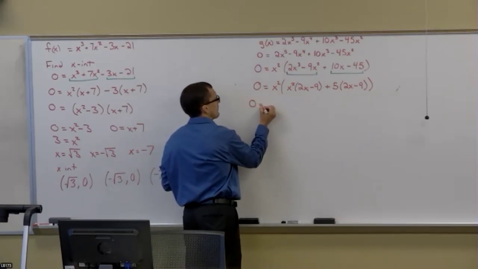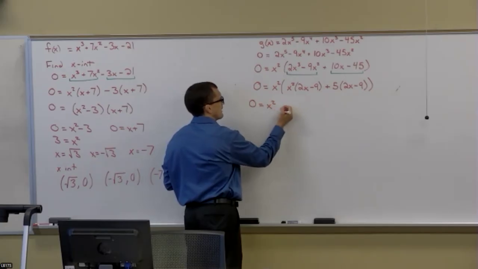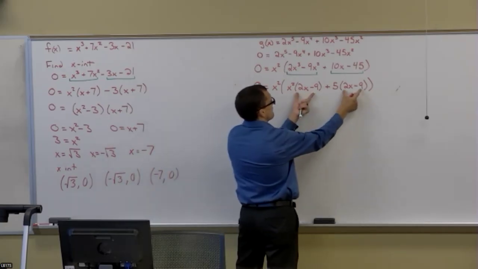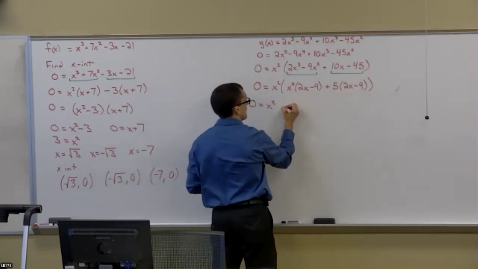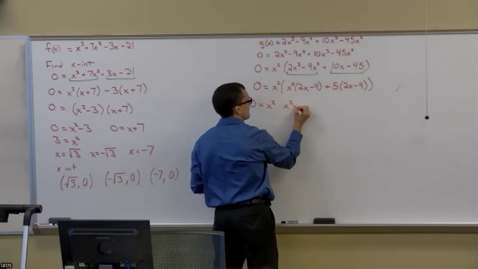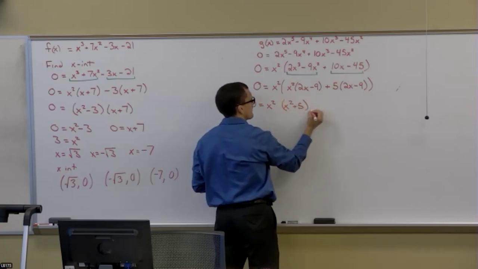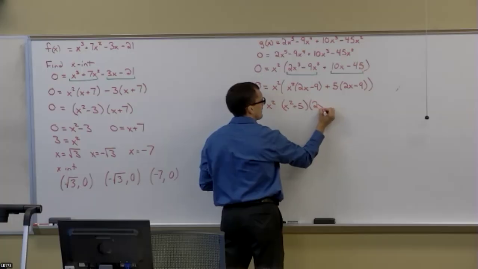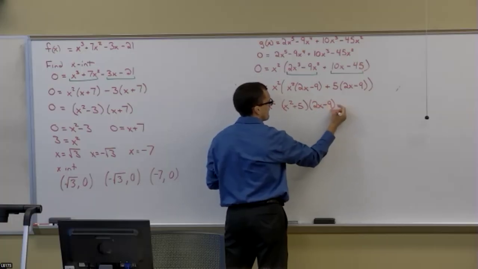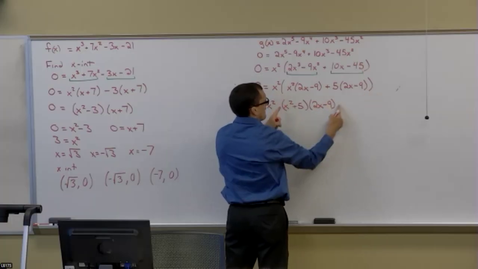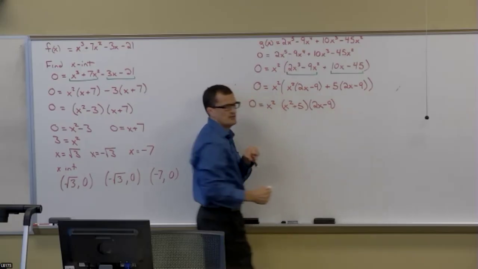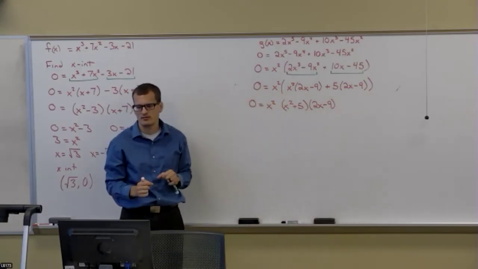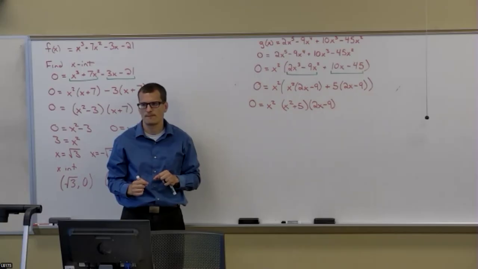So I get 0 is equal to x squared, and then I'll factor the 2x minus 9 out. So we're going to get x squared plus 5 times 2x minus 9. That's what's happening inside. I don't have to put another parentheses around it. That's fine, just the way it is.